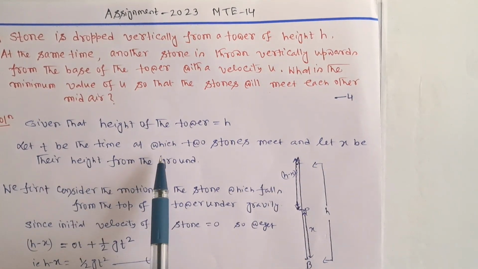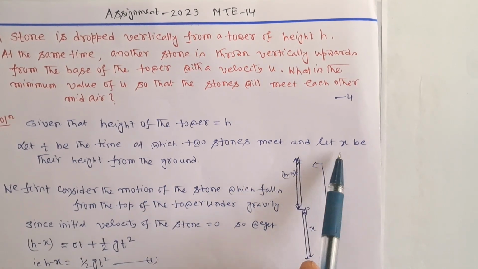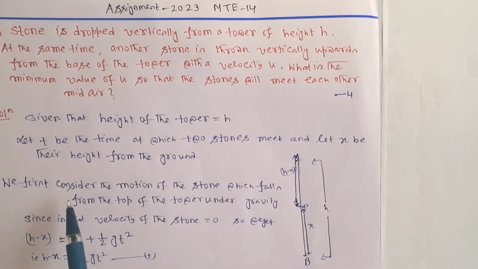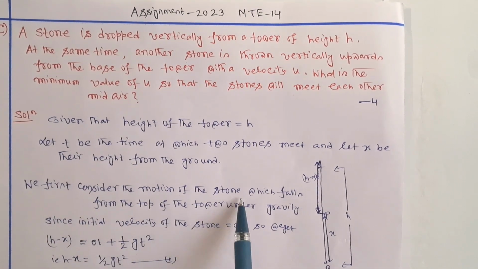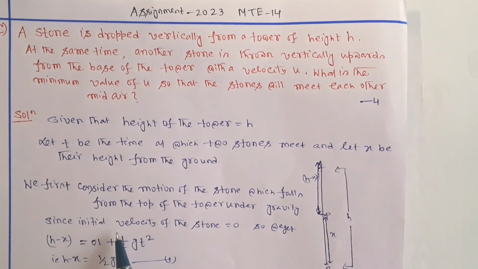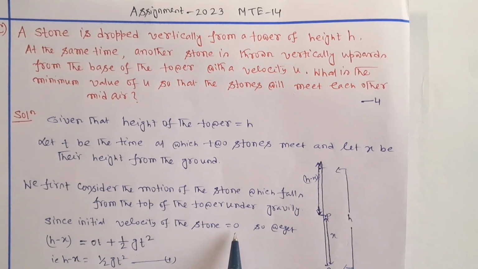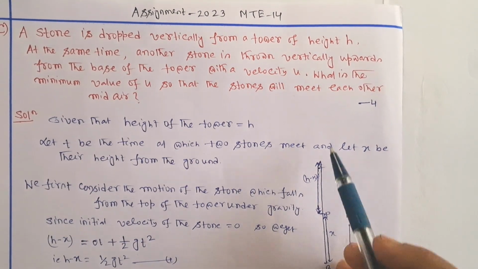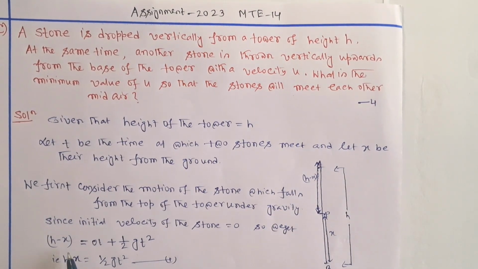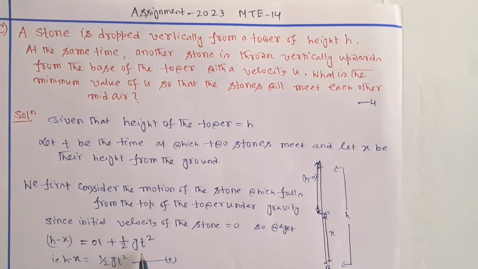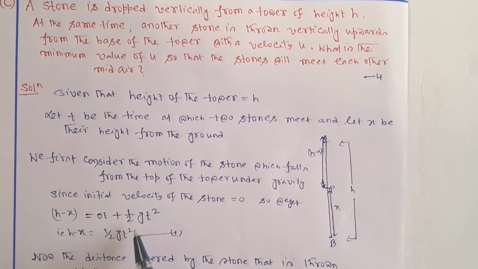Let t be the time at which the two stones meet, and let x be their height from the ground. We first consider the motion of the stone which falls from the top of the tower under gravity. Since the initial velocity of the stone is 0, we get h minus x equals 0 times t plus half g t square.